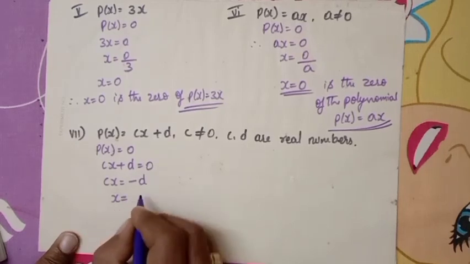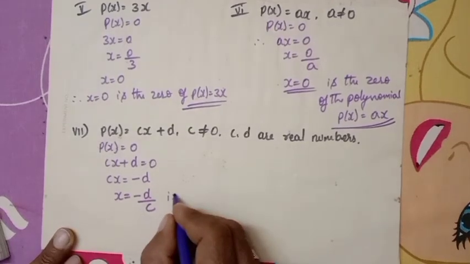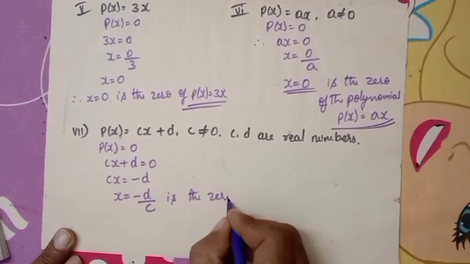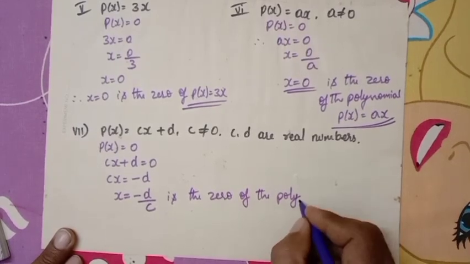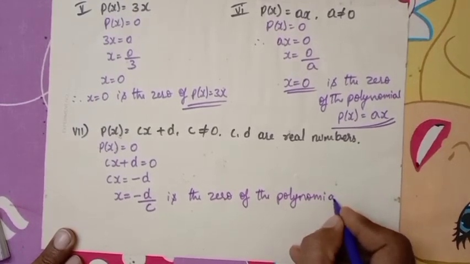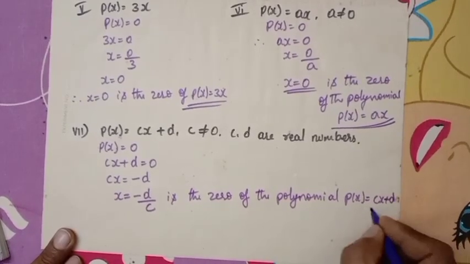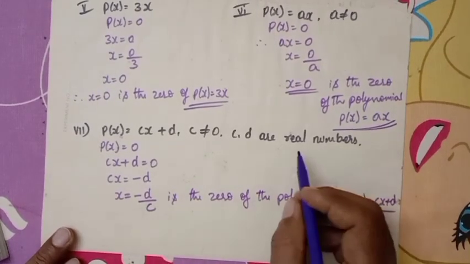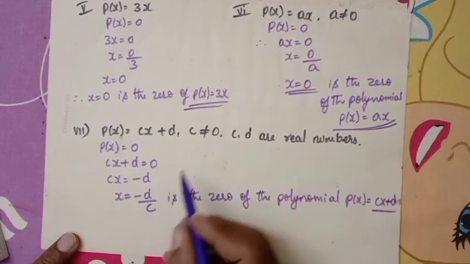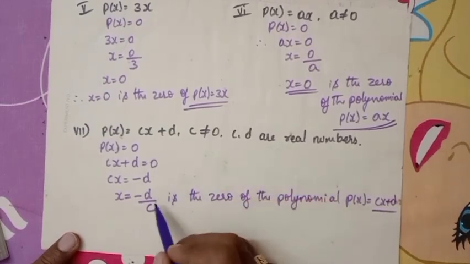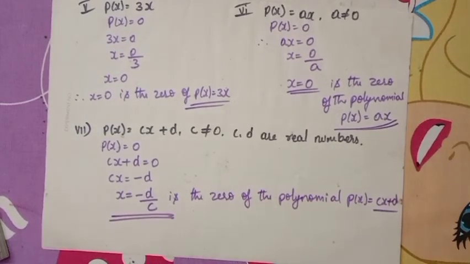So, x is equal to minus d by c is the zero of the polynomial p of x is equal to cx plus d, where as per the question, c is not 0 and c and d are real numbers. So this completes this exercise.